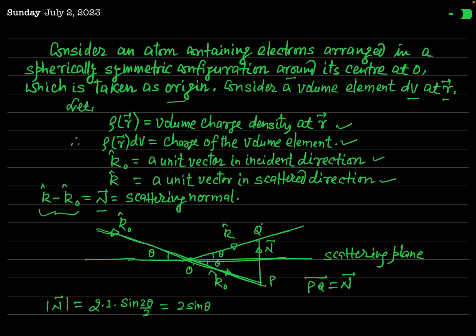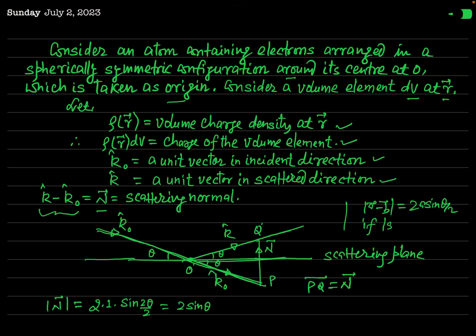This will be κ minus κ₀. But κ and κ₀ both are unit vectors, and you know the modulus of A minus B is simply equal to 2A sin(θ/2), but when?